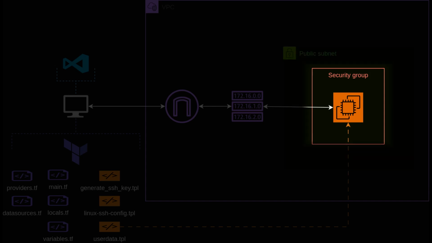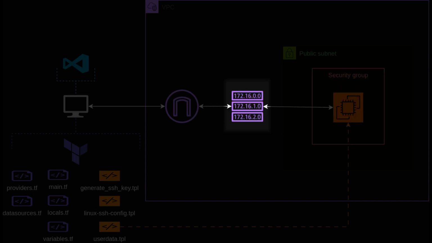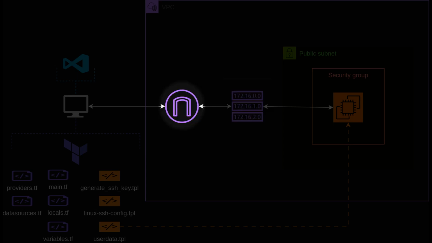Our security group acts as a virtual firewall, controlling the inbound and outbound traffic for our EC2 instance. The route table is responsible for determining where network traffic from our VPC is directed. The Internet Gateway connects our VPC to the Internet.